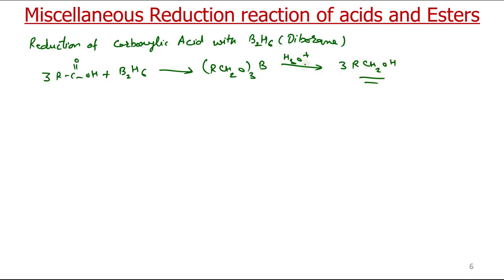That means carboxylic acids can also be reduced with diborane. Similarly, esters can be reduced under catalytic hydrogenation conditions, which is called catalytic reduction or catalytic hydrogenation of esters.